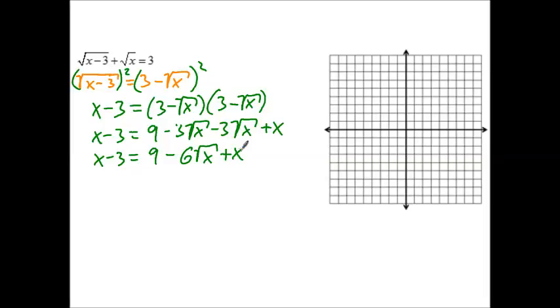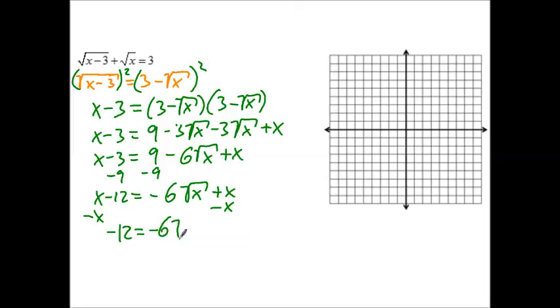And now we can move both our 9 and our x to the other side to isolate the term with the radical and do this work one more time. x minus 12 is equal to the negative 6 times the square root of x plus x. Subtracting x from both sides, we get negative 12 is equal to negative 6 times the square root of x.